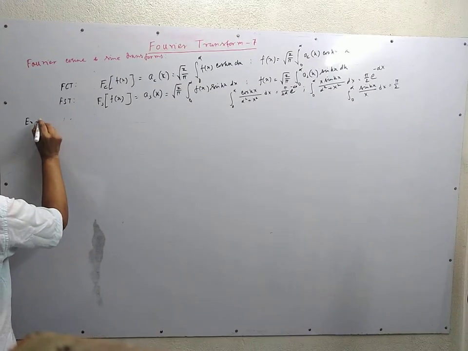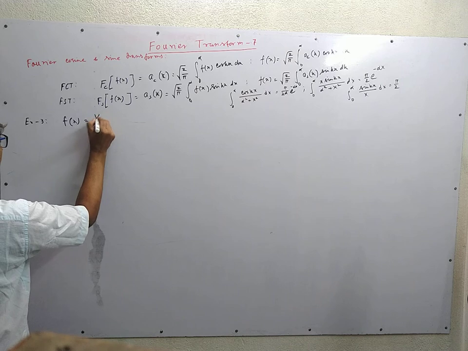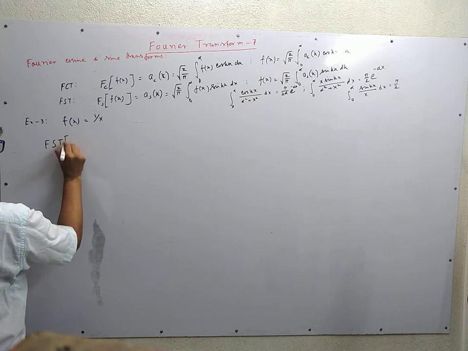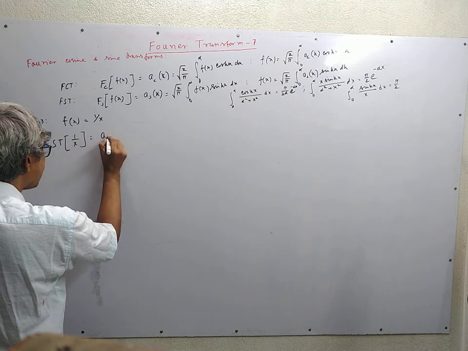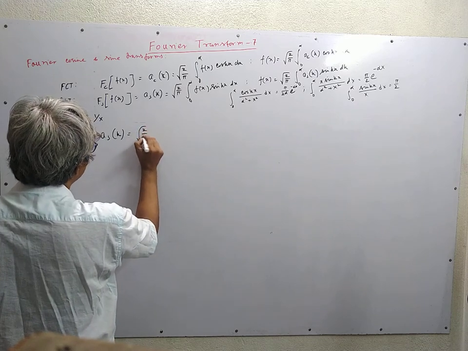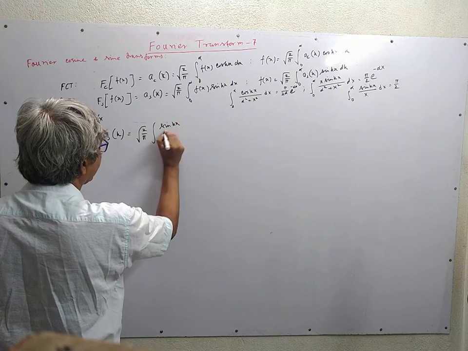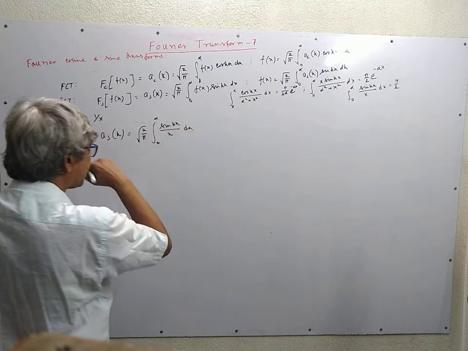This is the third example. F of x is equal to 1 by x. Its Fourier sine transform of 1 by x is equal to 2 by pi times the integral of sine kx by x from 0 to infinity dx.